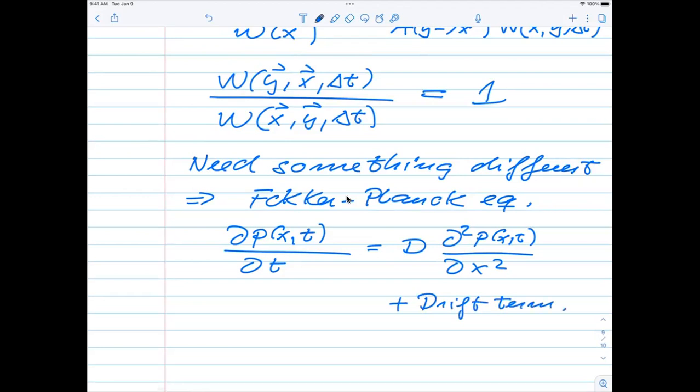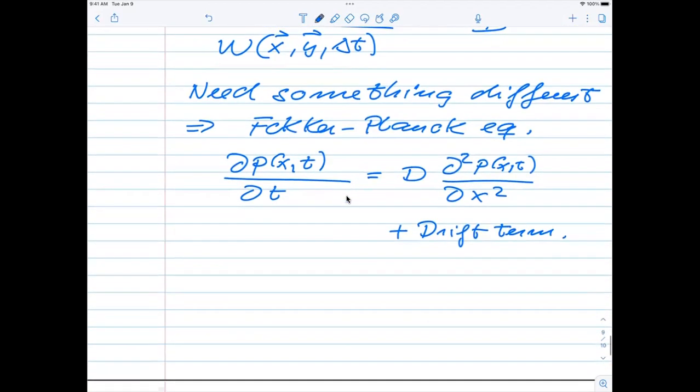And it's the implementation of this drift term which is now going to give us this probability distribution, a modified transition probability.